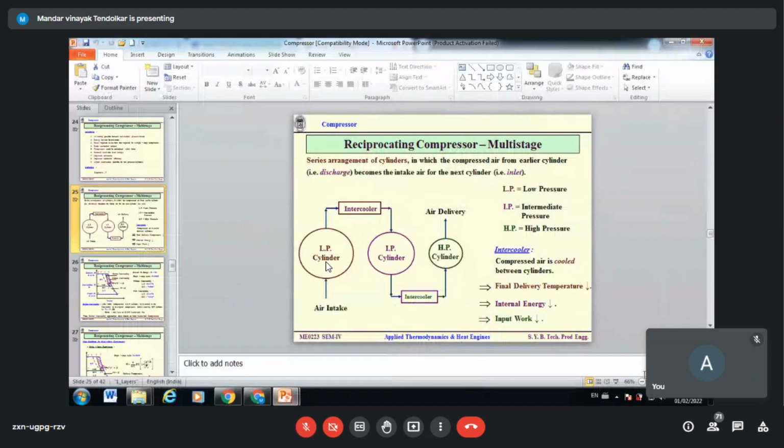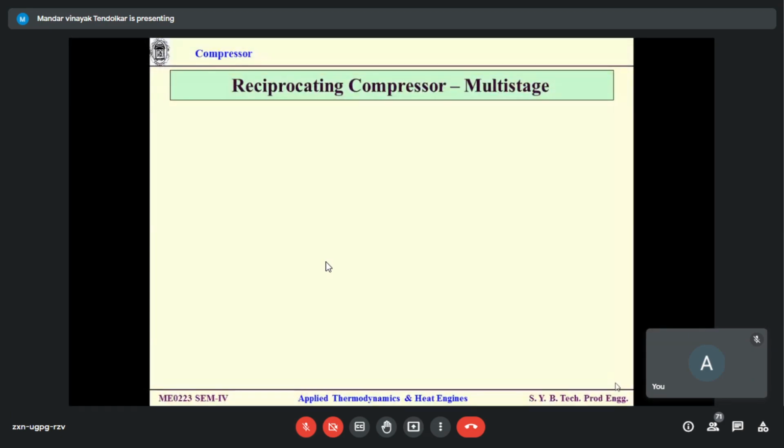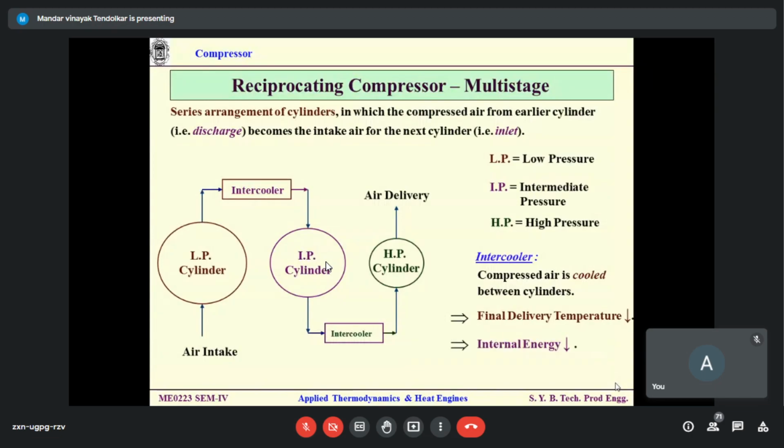Is the screen visible? Yes, sir. So we have the air intake, LP cylinder, then an intercooler, then the intermediate pressure cylinder, then again an intercooler, and then the HP cylinder. Now why do we need this?